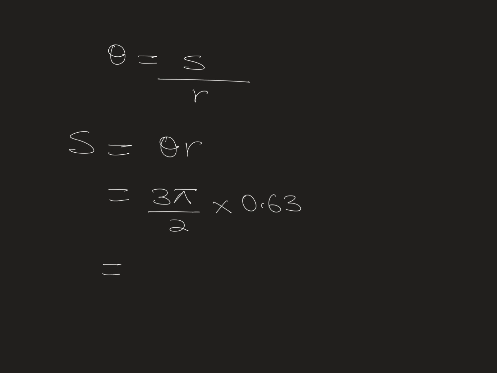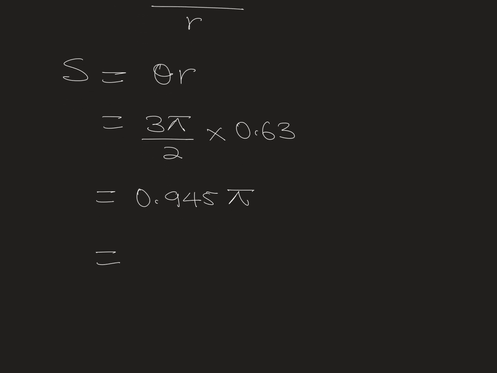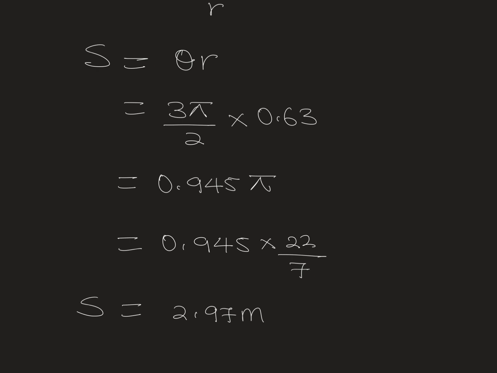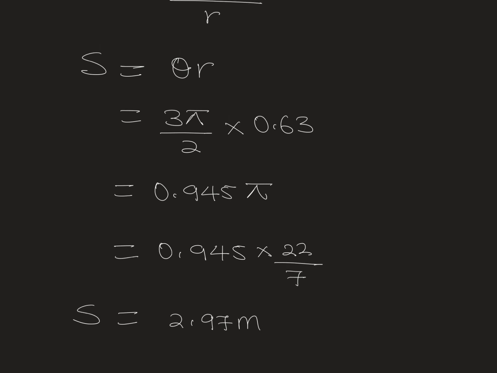So 3 over 2 times 0.63 is 0.945, so that will be 0.945 pi. If we substitute the value of pi as 22 over 7, we have 0.945 times 22 over 7. And that is going to give us 2.97 meters as the distance traveled along the circumference of the circle.